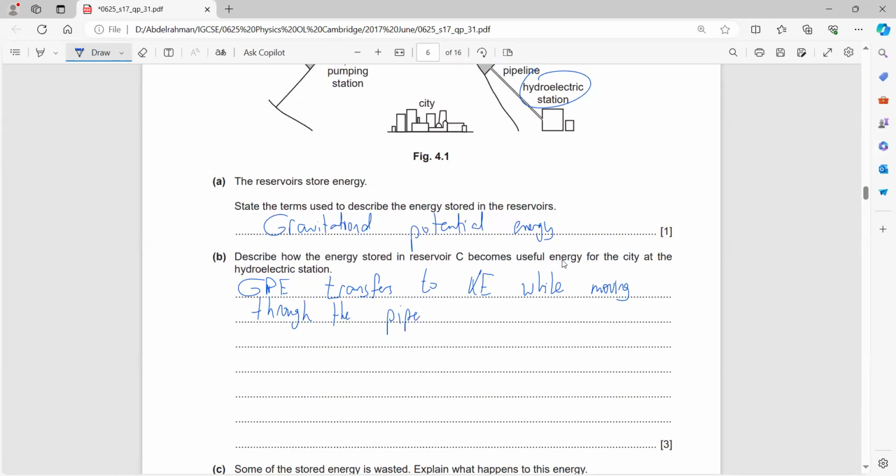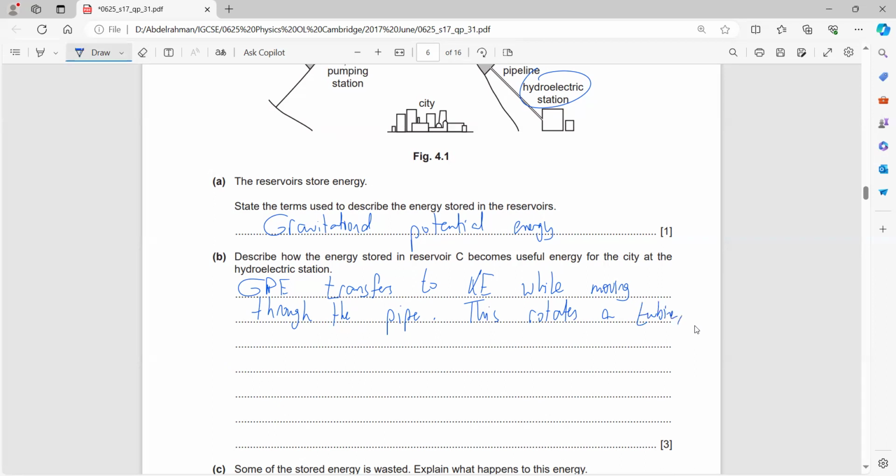When it moves through the pipe, what happens? This rotates a generator. You have to say it rotates a generator. I'm sorry, it rotates a turbine.